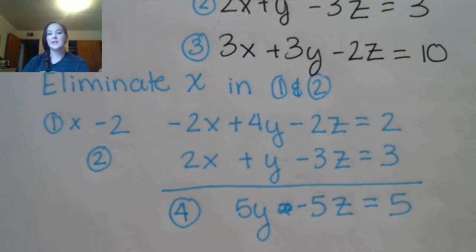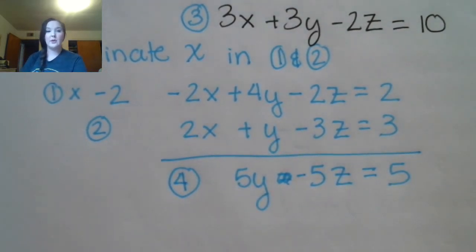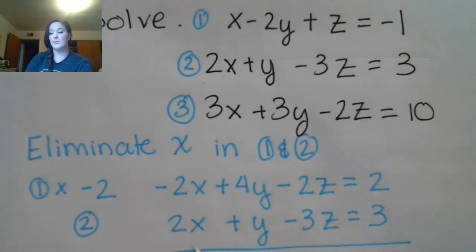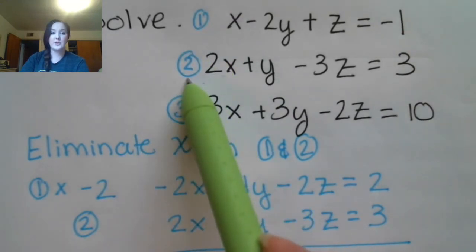You can see it's not something that you can solve because it still has two variables. That's always the way it will be. We're just moving on. Now we're going to do step 2, and we're going to pick two other equations to eliminate the variable x. We still have to eliminate x, but now we're just going to not pick 1 and 2.